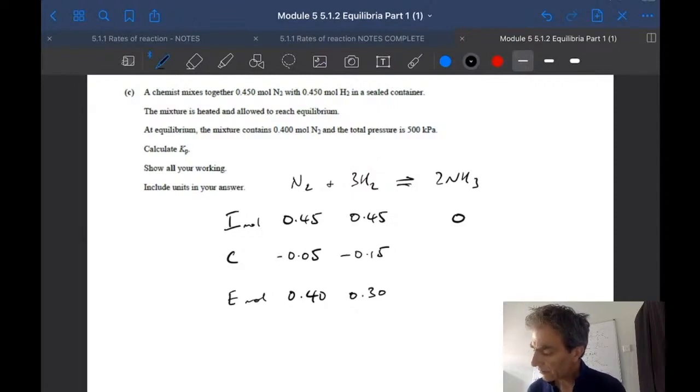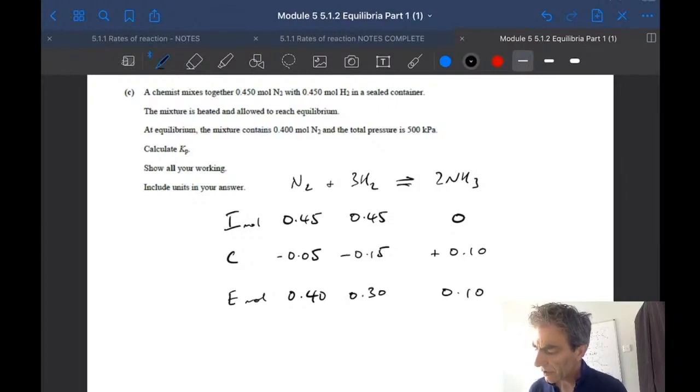The ammonia will go up by, so remember, this is how many moles of nitrogen are going to react, ratio 1 to 2, so therefore that's going to go up by 2 times that 0.05, so it's going to go up by 0.1. So therefore at equilibrium there will be 0.1 because you didn't have anything to start with. So that was like the first key bit, that's your ICE calculation.